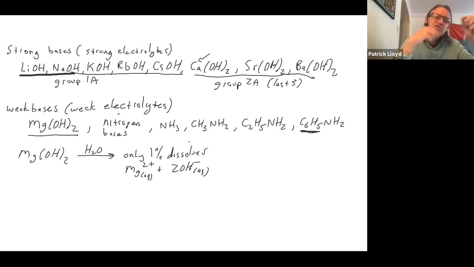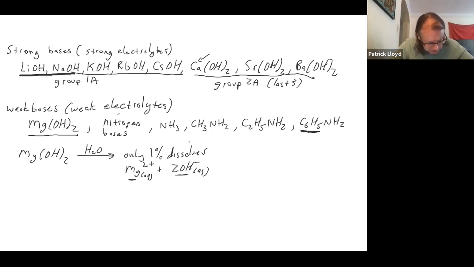In order for it to be a strong electrolyte, it's got to conduct electricity really well. If only a tiny bit of it dissolves, you're only getting a little bit of these ions. So again, that light bulb will very dimly turn on. It's not very bright because there aren't enough ions to conduct the electricity well. So magnesium hydroxide, being a weak base, merely has to do with its solubility.